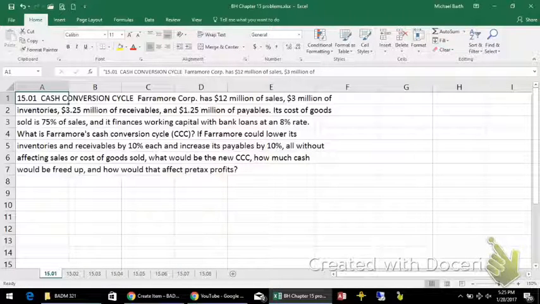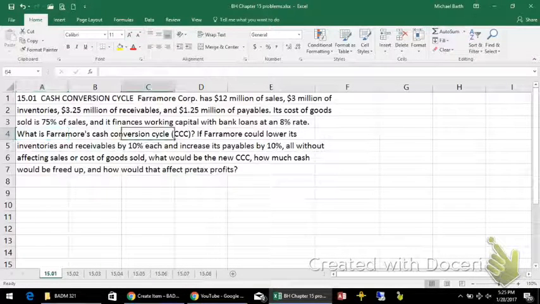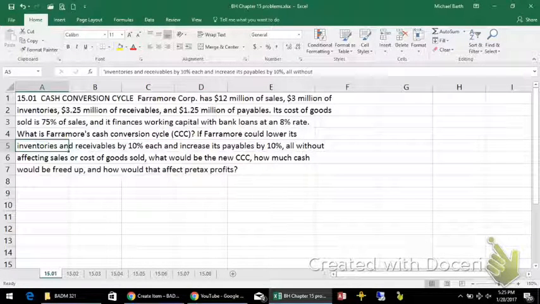And we'll do that. And then the second part of the problem says that if the firm could lower its inventories and receivables by 10% each, which would reduce the amount of assets that needed to be funded, and increase its payables by 10%, which means they're also raising new money in accounts payable to fund the existing assets.